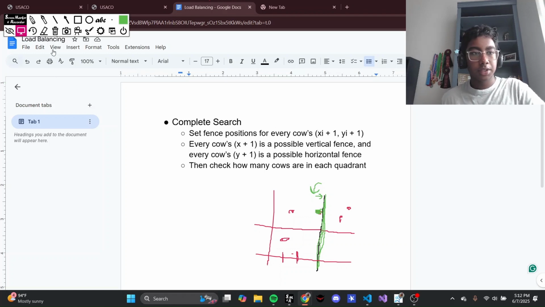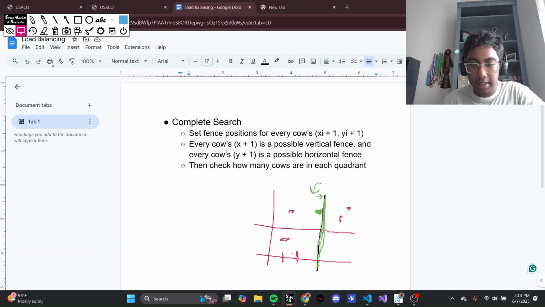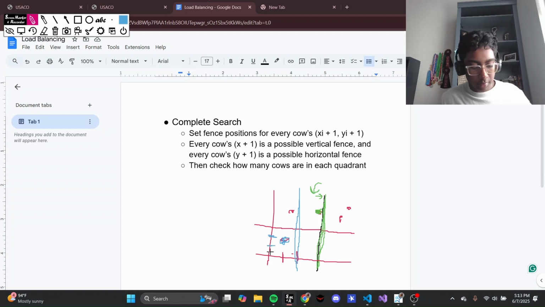Also, the thing is, you're not saying that a cow's xi plus 1 and yi plus 1 have to be the combination. Let's say you're looking at this cow over here. You're not saying that this cow's xi plus 1, which would be like that, and yi plus 1 are the only things that this cow can contribute, right?